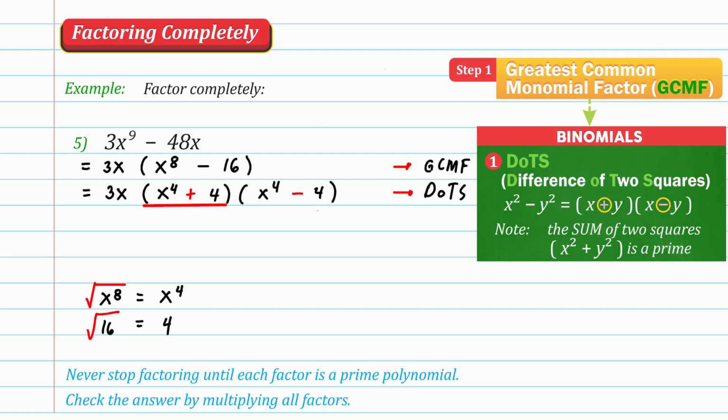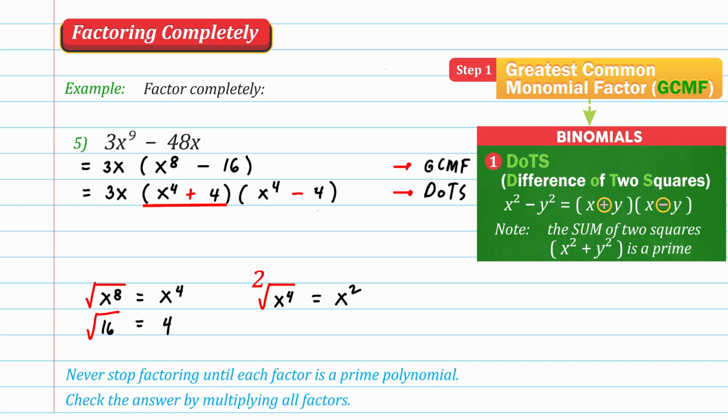Checking the first binomial, x to the 4th plus 4, the terms are not perfect cubes. Let's check if it is a difference of two squares. Looking at the first term, x to the 4th, is it a perfect square? It's a variable with even exponents, so square root of x to the 4th, copy the variable x, and simply divide the exponent 4 by 2. It's x squared.